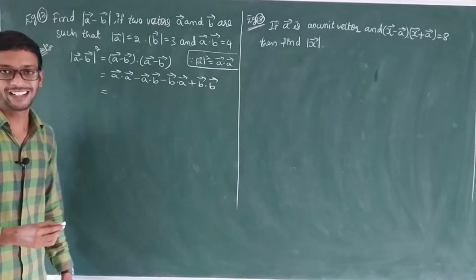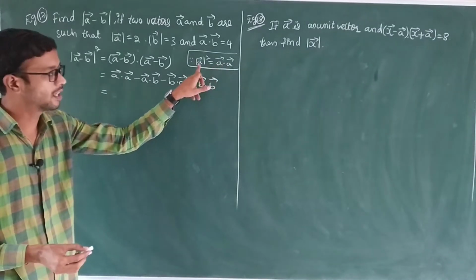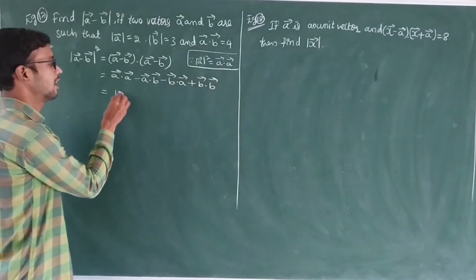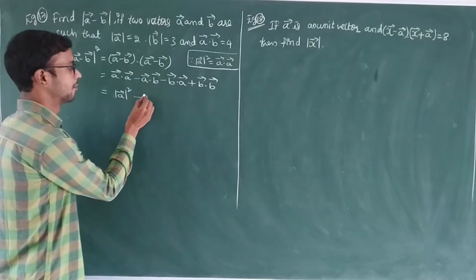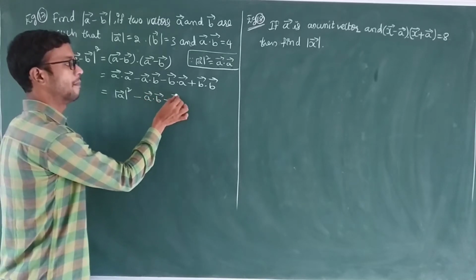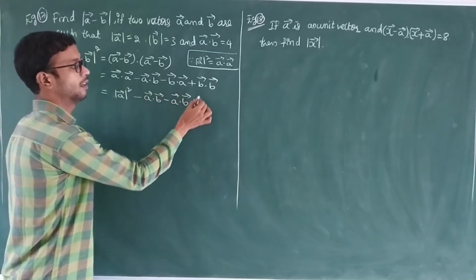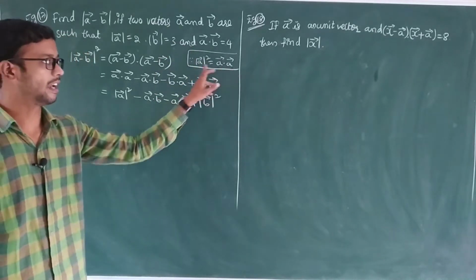So now I write here A bar dot A bar. A bar dot A bar is magnitude of A bar square. Reverse also, it is important here. Formula: minus A bar dot B bar minus A bar dot B bar plus magnitude of B bar square. Here A is there, A writing.